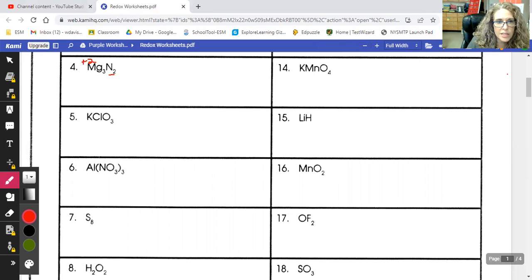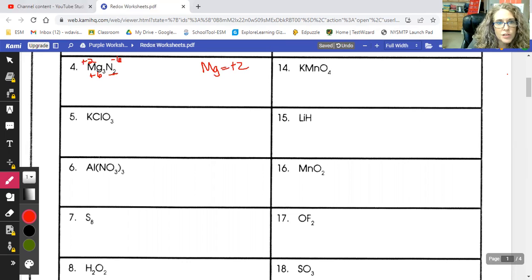Remember, the sum of the oxidation states has to equal 0. So if I have 3 positive 2s, each magnesium is a positive 2, the oxidation state of magnesium. So I have 3 times positive 2, and my magnesium is a total charge of positive 6. My nitrogen, to cancel that out, has to total up to a -6.